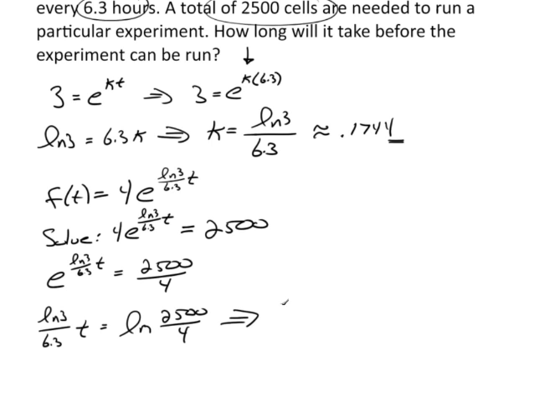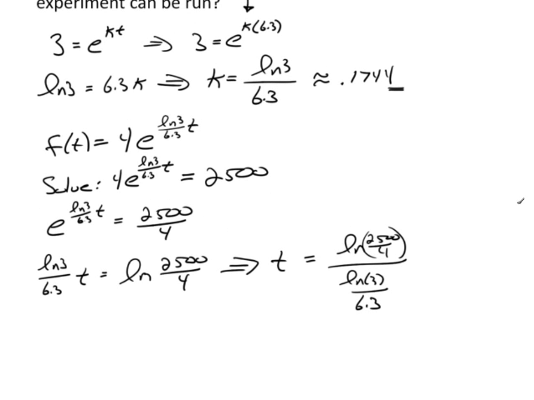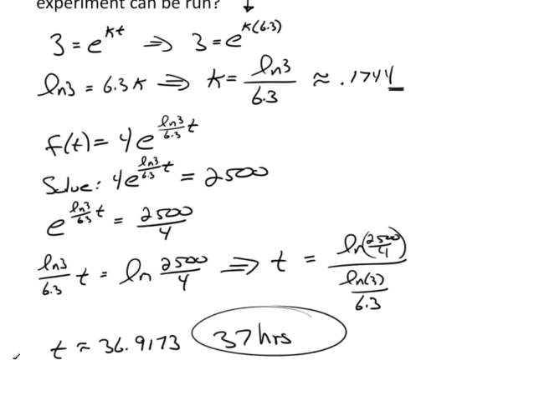That would then tell me that the time it's going to take, t, is going to be ln of 2,500 over 4, so natural log of all that, divided by ln of 3 over 6.3. Now again, this is an exact answer. So what I really need to do is put this into a calculator and approximate it. And when I do that, I get that t is approximately 36.9173 hours. So it's going to take about roughly 37 hours before we can actually run this experiment.